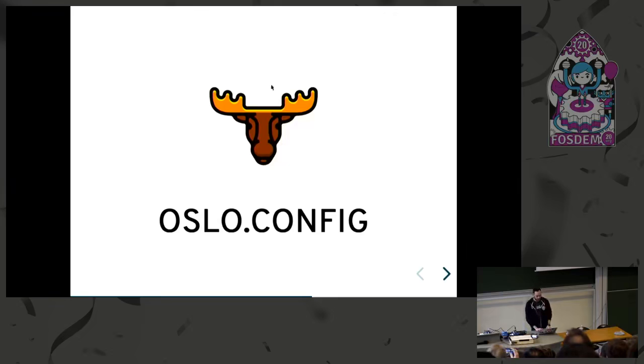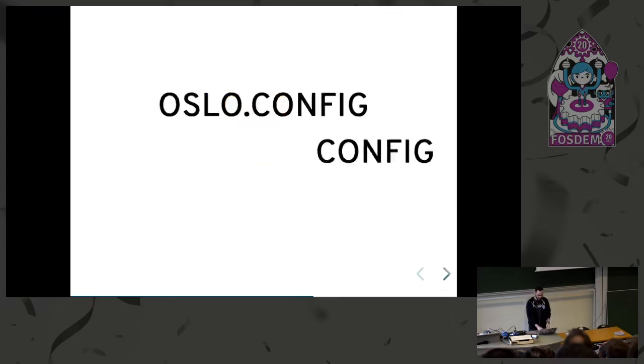This project is Oslo, which is the OpenStack common libraries. And Oslo config is the package we use to handle configuration in OpenStack. You don't really need to be doing OpenStack stuff to use Oslo config. Most of the OpenStack libraries you can use in any piece of software. You don't really need OpenStack for it.